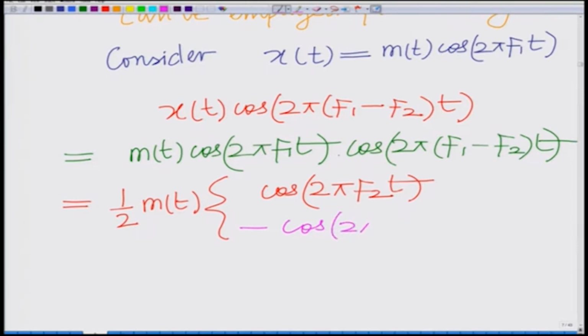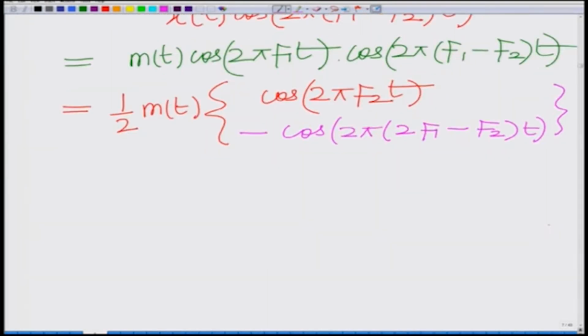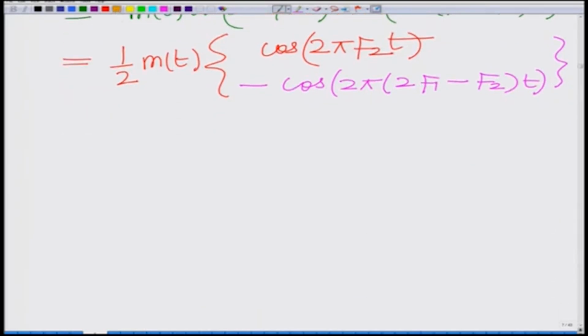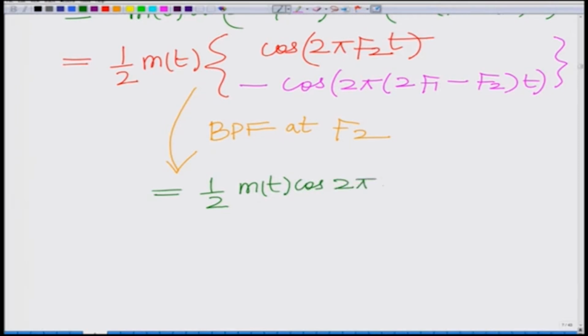Okay. And now once again, if you band pass filter at center frequency f2, this will yield half m(t) cosine 2 pi f2 t.